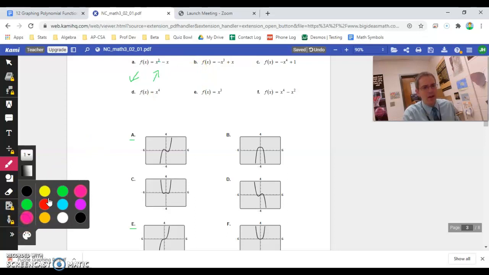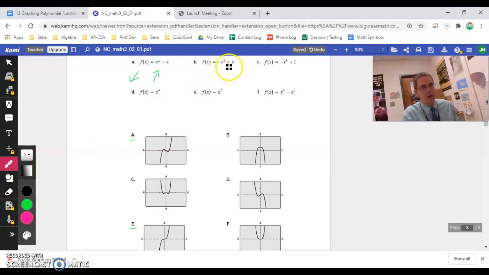For B, you notice it also has a highest exponent that is 3. So this is odd, but notice this one has a negative in front. In fact, that could be written as a -1. That is a leading coefficient of -1, and with a negative leading coefficient, that means eventually that graph's going to start going down. These polynomial graphs can go up and down. They can have a lot of different bends and curves going on, but eventually, in the end, that one is going to have to turn around and go down as it gets to the edge of the graph because it has an odd degree of 3.